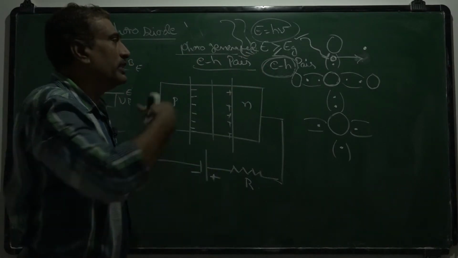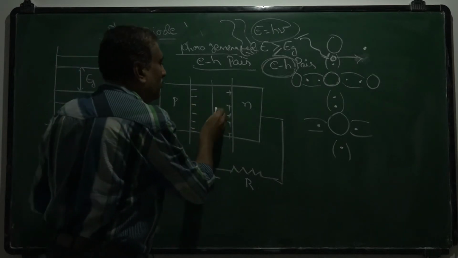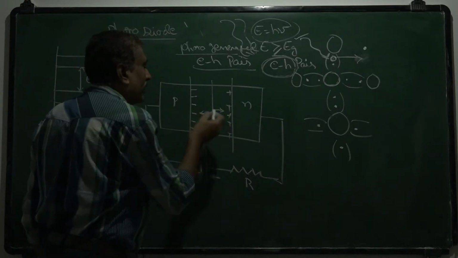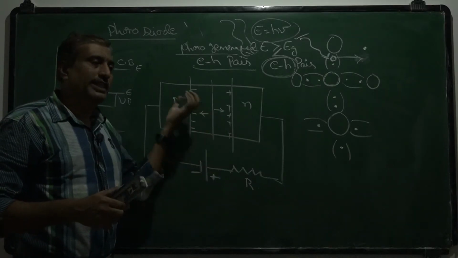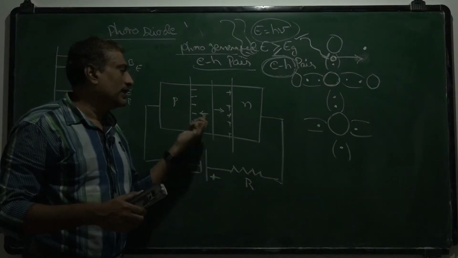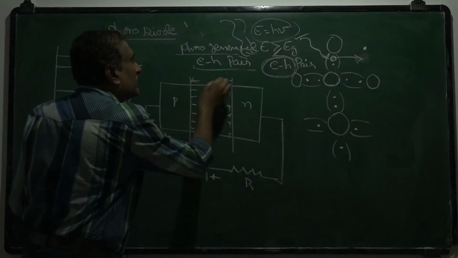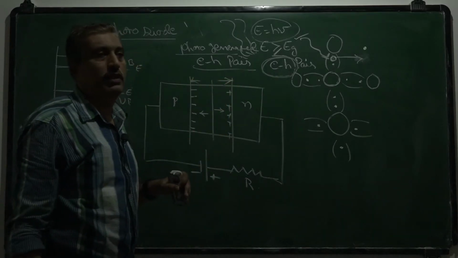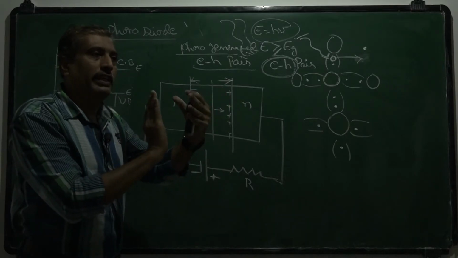With the increasing number of electron-hole pairs at the junction, these generated electrons and holes are drifted in opposite directions, so they decrease the width of the depletion layer. Decreasing of the depletion layer indicates an increase in current.